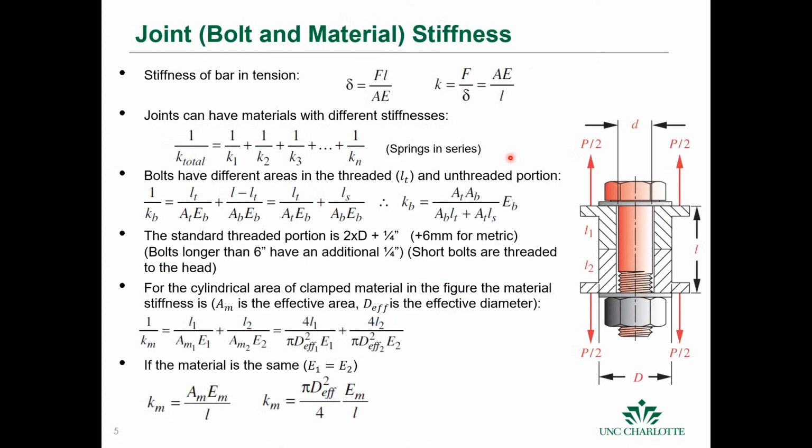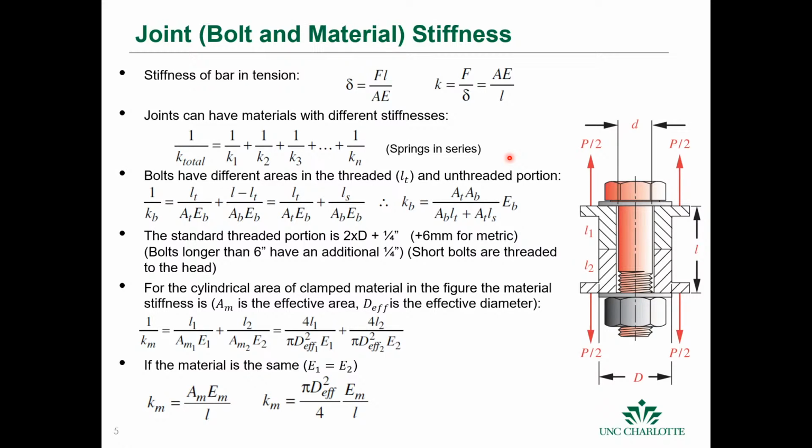All right. So when we talk about a bolt or a joint, and as we just mentioned, they have their own associated stiffness. There's a stiffness associated with the bolt and a stiffness associated with the material between the bolt.